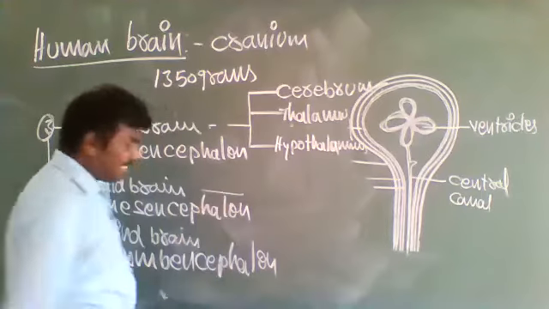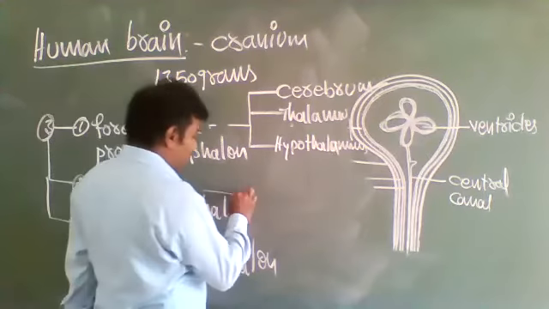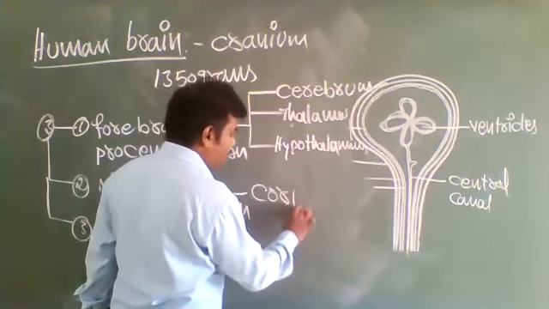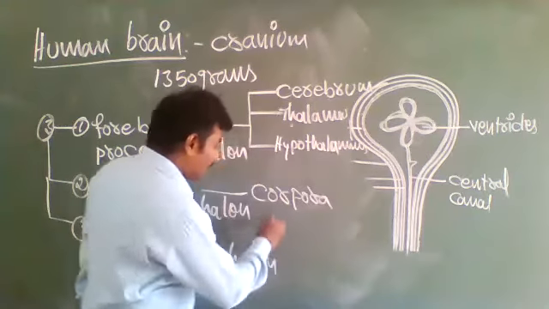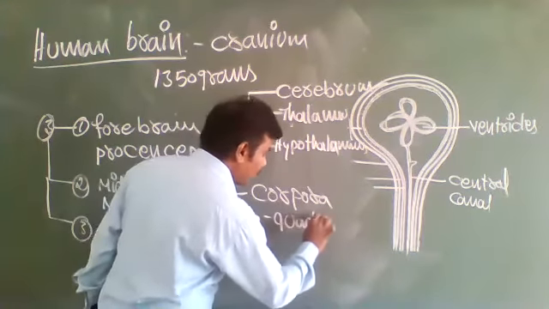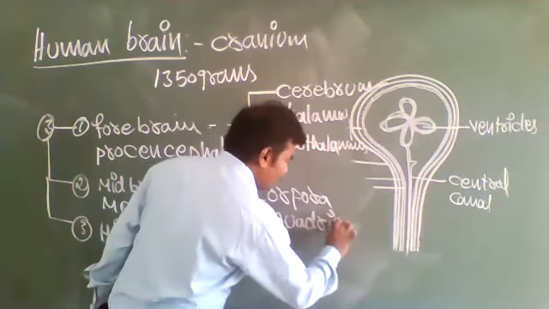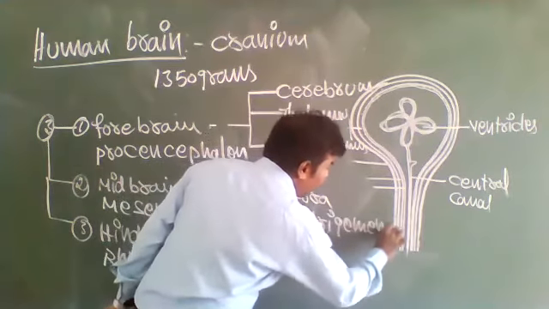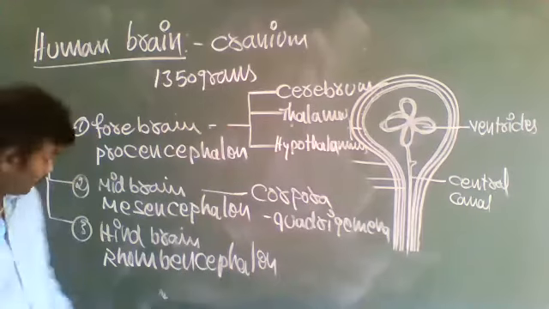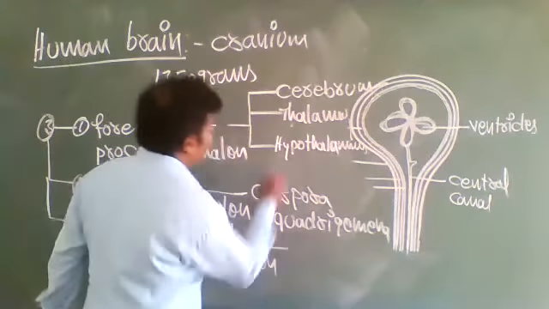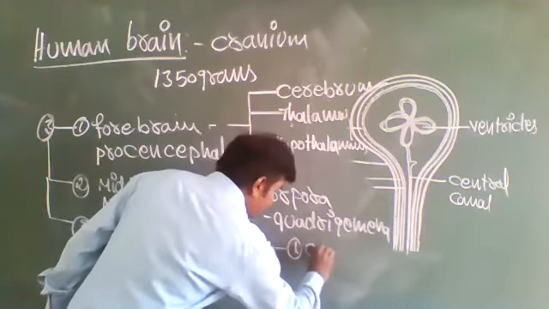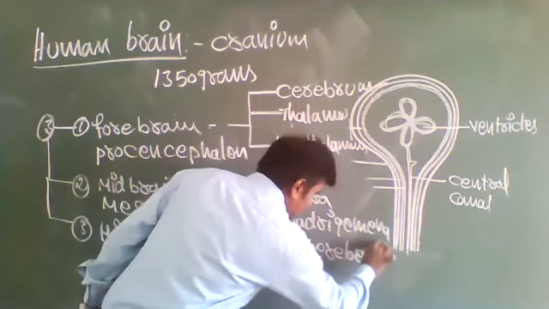Midbrain, mesencephalon, consists of corpora quadrigemina. Hindbrain consists of cerebellum.